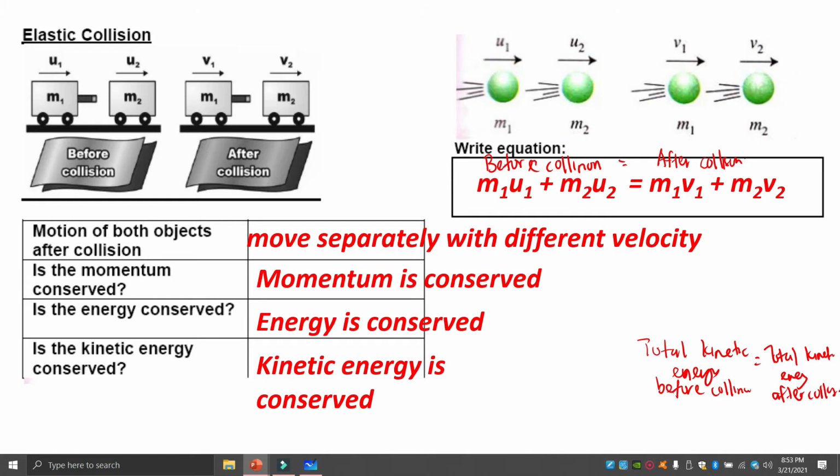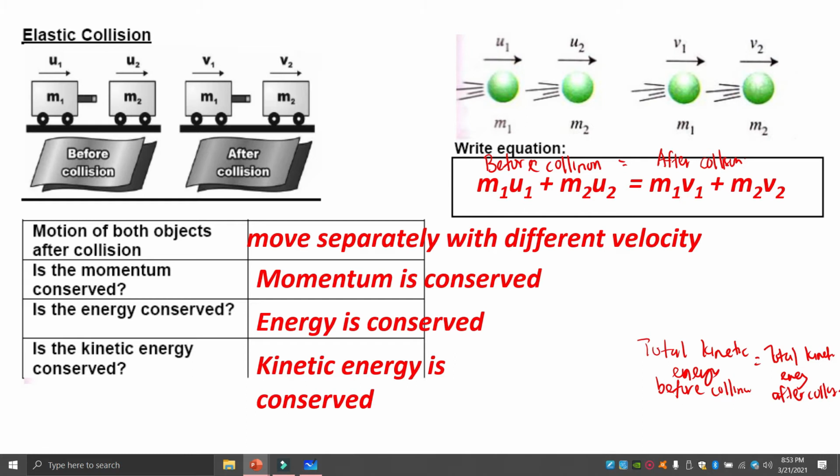So U is used before two objects collide, and V after they collide. V1 is the final velocity for object 1 and V2 is the final velocity for object number 2. You have to remember this equation, because in the exam they will not give it to you: M1 U1 plus M2 U2 equals M1 V1 plus M2 V2.